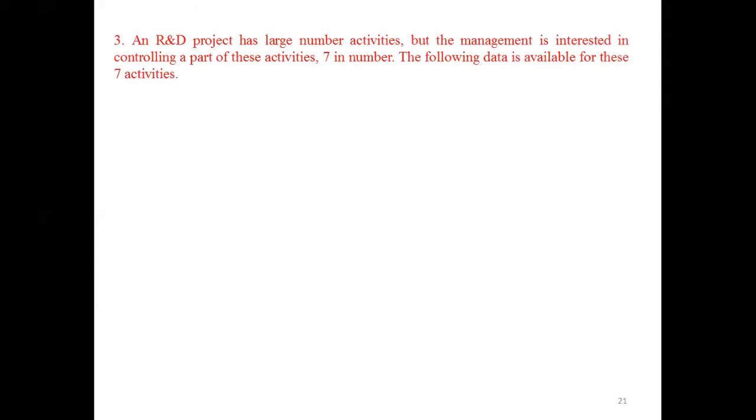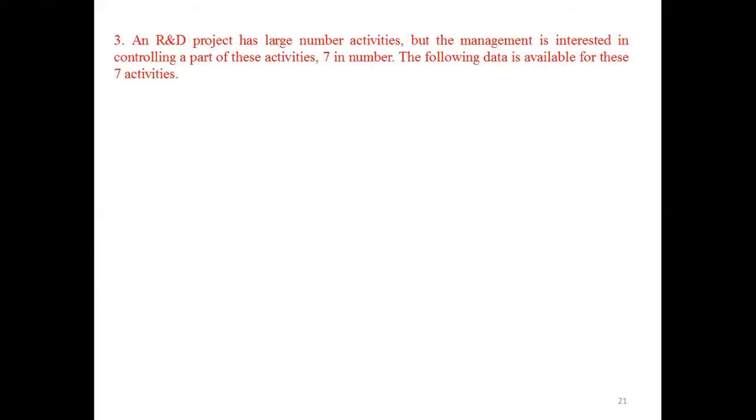Let us go for the last problem for today's session. An R&D project has a large number of activities, but the management is interested in controlling a part of them, 7 in number.